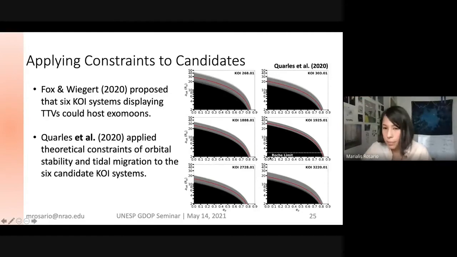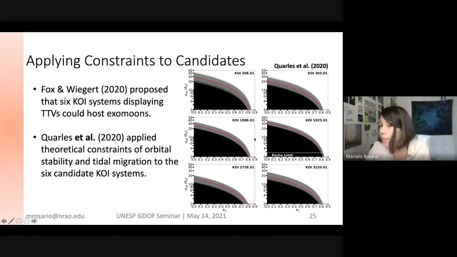For most of the systems, the inner boundary, what I would like to call the stability inner boundary, is usually for me the Roche limit, or maybe a little bit further away from the Roche limit. So for most of the systems, that Roche limit lies closer to the planet, closer than 2 planetary radii.